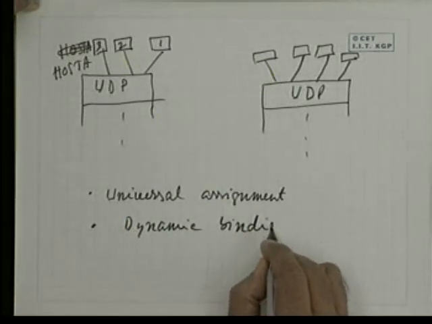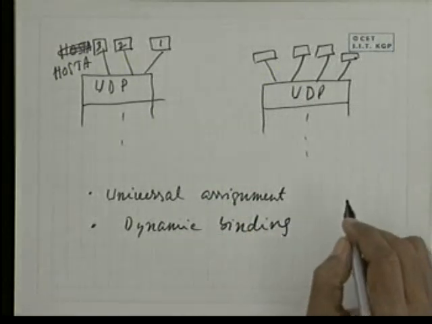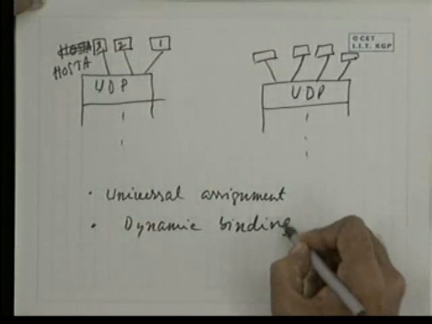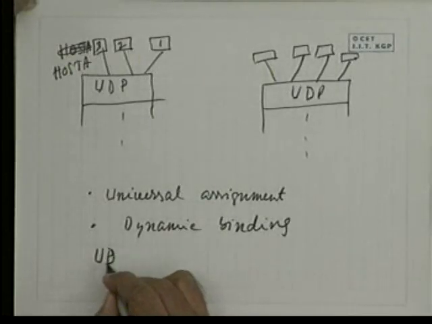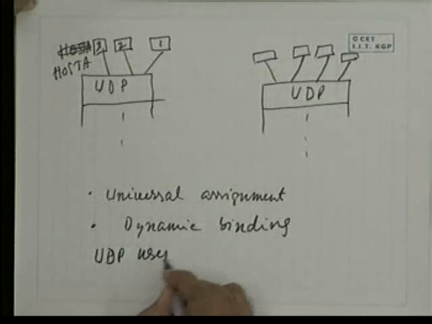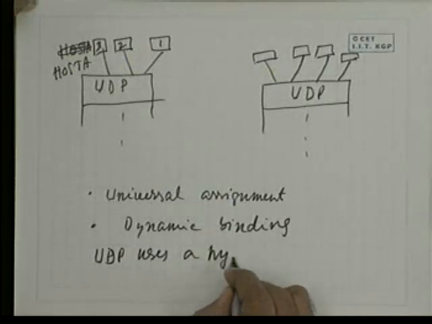In dynamic binding, the application programs are dynamically assigned the port numbers. So one can use one of the two techniques at a time. But in UDP, some kind of hybrid approach is used.